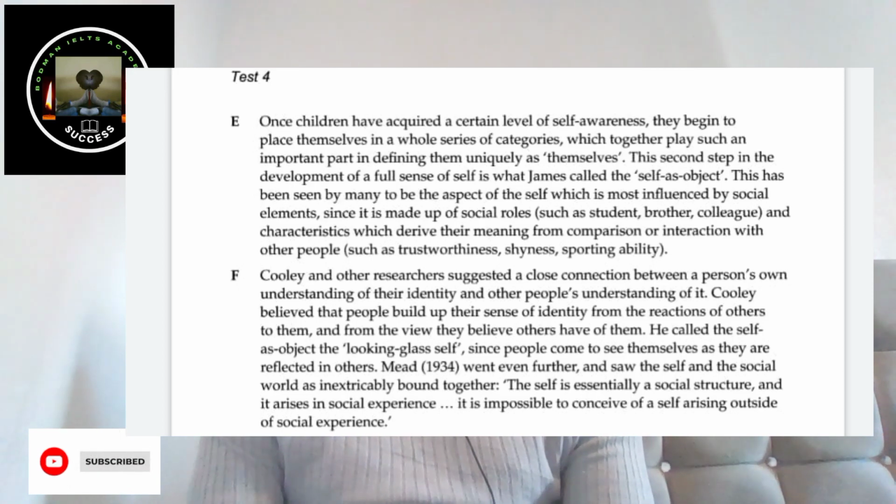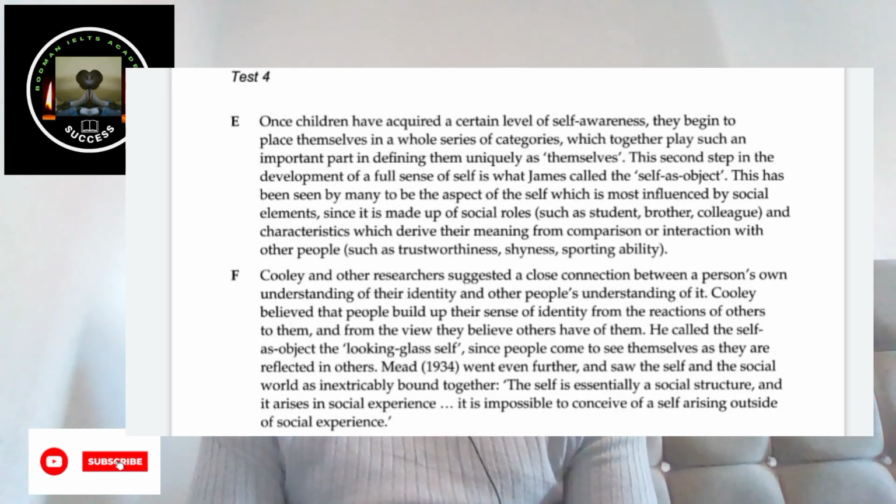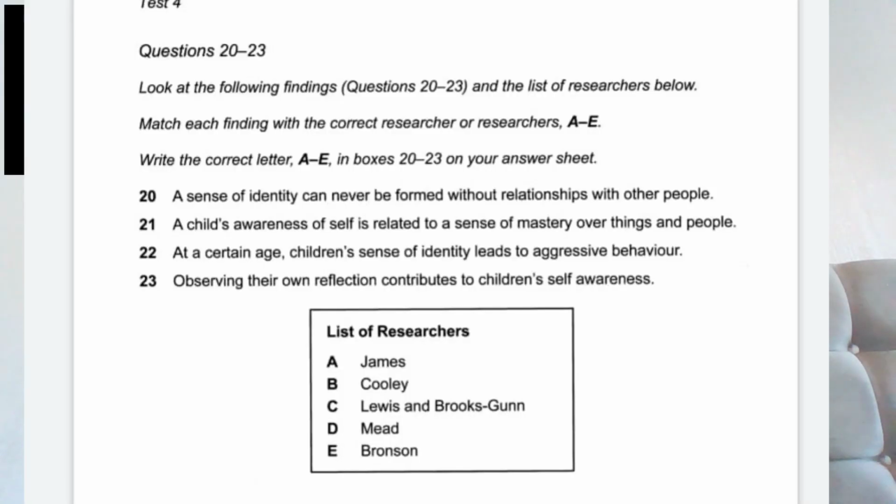So if you go back, are we going to find anything related to what Mead is saying? Let's read. A sense of identity can never be formed without relationship with others. Social experience, relationship with others. I had this with synonyms, so I will note that down.